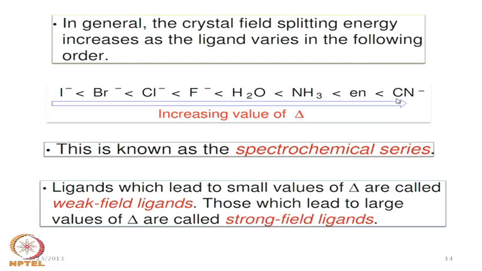But the ligands on the right hand side of the series, such as en or CN minus, lead to large delta values, and therefore they are known as strong field ligands. So, we can have two different types of ligands, weak field and strong field, and some of them will be in between, the intermediate type of ligands.